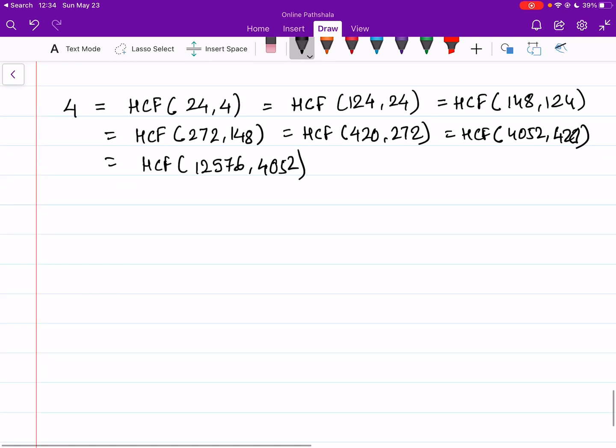So that shows why, when we iteratively apply this division lemma, starting from 1 up to 7 times, we get this answer 4.